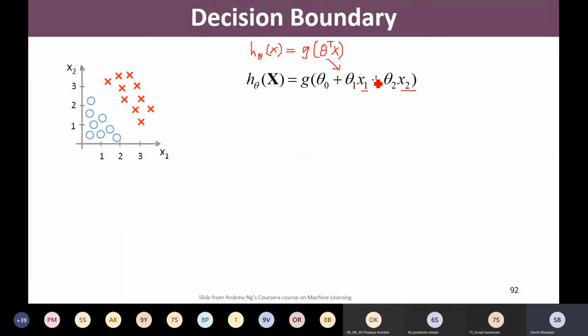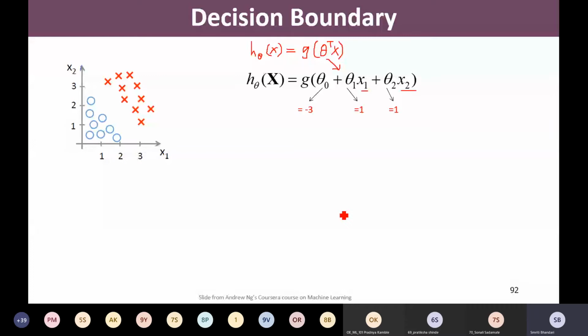Using logistic regression, we want to come up with the optimal values of the parameters theta 0, theta 1, theta 2. But just to understand the concept of decision boundary, let us assume that we have come up with some values: theta 0 equal to -3, theta 1 equal to 1 and theta 2 equal to 1.